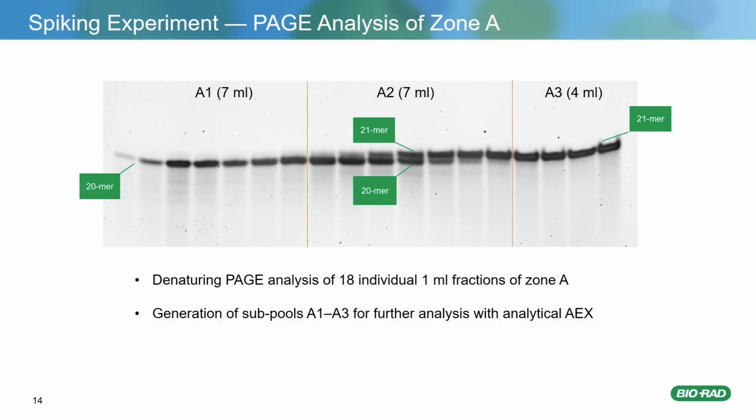And then by A3, which is the last fraction, you see only 21 mer. This shows that the power of the HP-Q to resolve the 20 and 21 mer is pretty powerful and occurs very early in this process. The subpools were then generated and performed further analysis with analytical AEX.